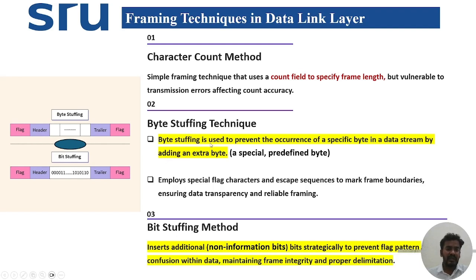Coming to the byte stuffing technique, it is used to prevent the occurrence of specific bytes in the data stream by adding an extra byte while transferring the data, as a special character or predefined byte, while framing the data for transfer from one to another.